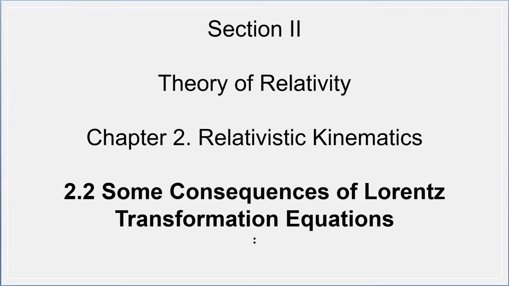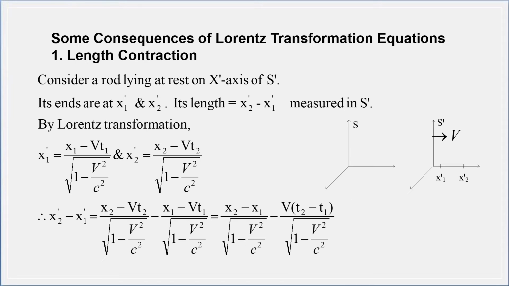So these three consequences according to the special theory of relativity we'll study in this section on relativity, but there are also more consequences which are not part of our curriculum. So first let us consider what is called length contraction.